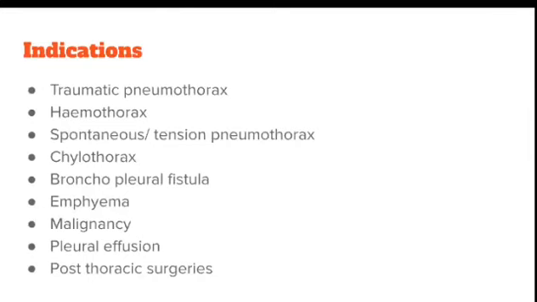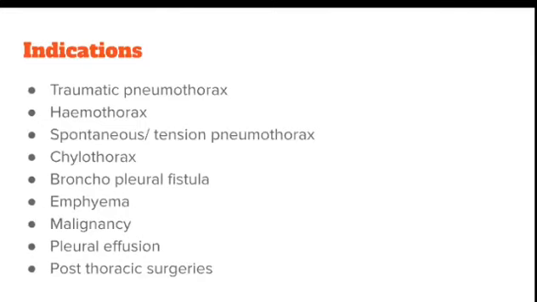So what is pneumothorax? Abnormal collection of air in the pleural space. There is normally negative pressure, but if there is positive pressure, like air trapped inside the pleural cavity, we call it pneumothorax. In case of traumatic pneumothorax, we need an emergency ICD insertion.